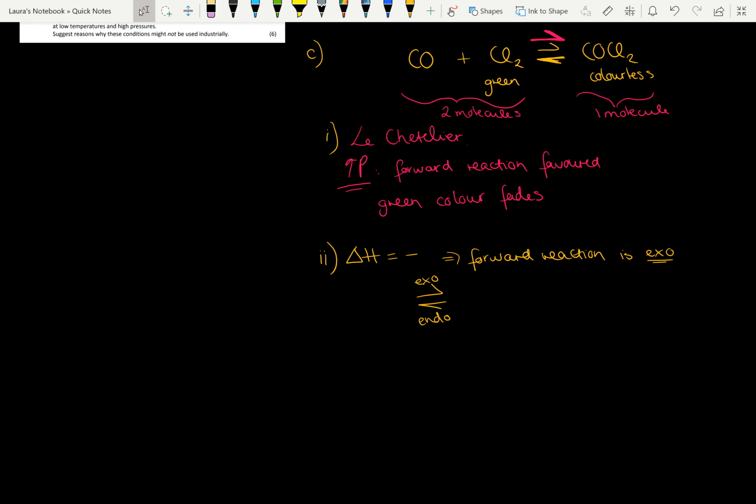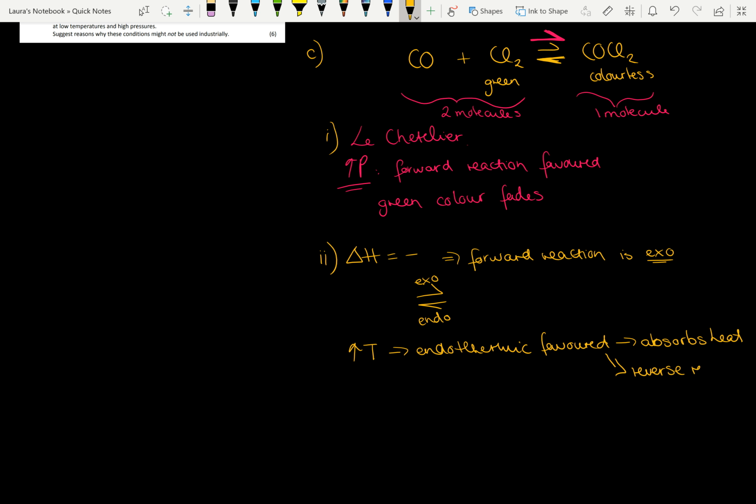Now, we know that according to Le Chatelier, if we increase the temperature, the endothermic is favored. And why is that favored? Well, if we're increasing the heat that the system is under, what's going to happen is the endothermic reaction absorbs that excess heat. Now, in this equation, that is the reverse reaction.